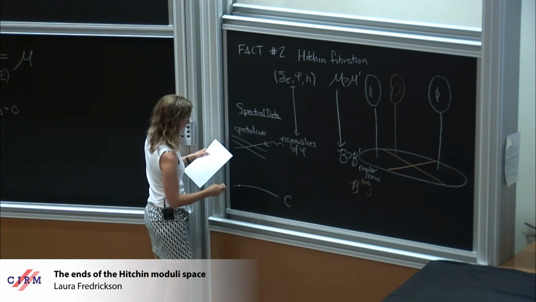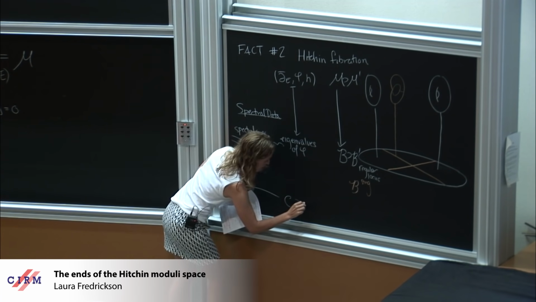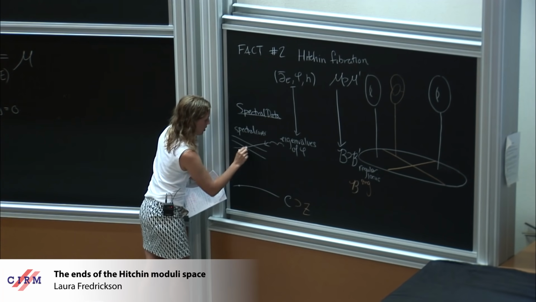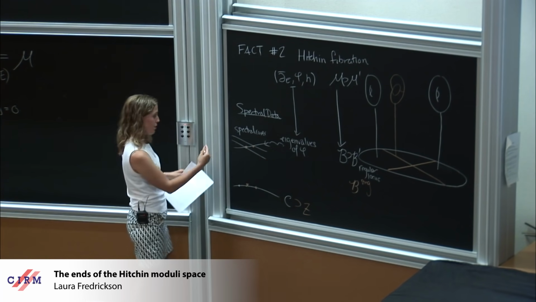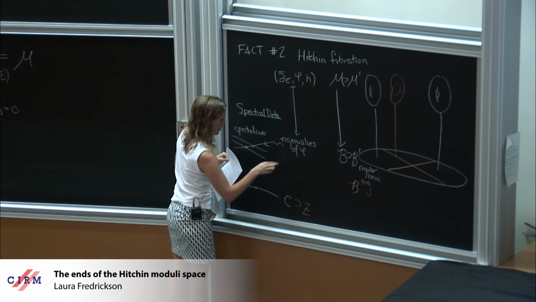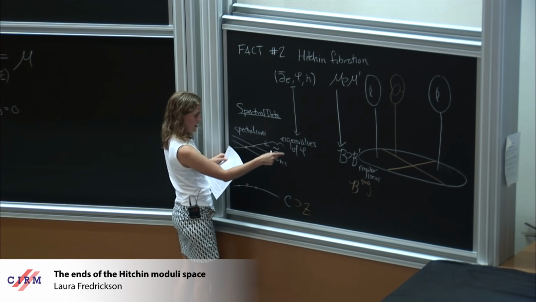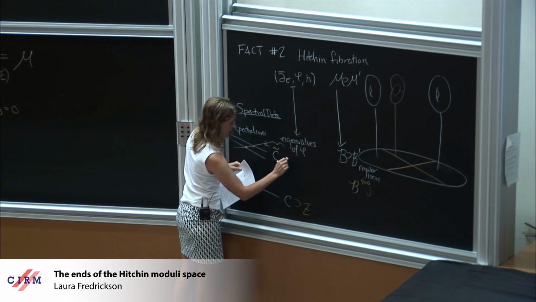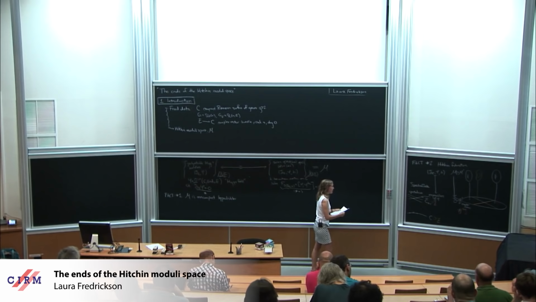So sometimes they collide. And so we're going to define Z. The interesting points for us will be this ramification locus, where you have the mixing of eigenvalues. It's an n-to-1 cover. And these points here will be Z tilde.